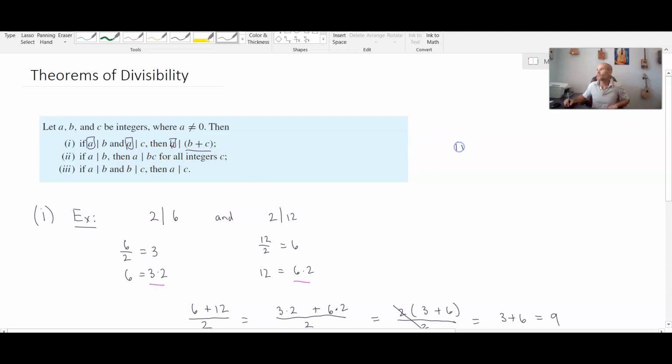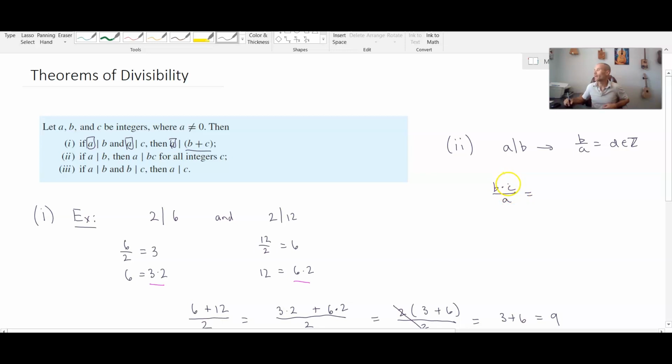Now this one's a little bit easier to view, because if A divides B, that means that B divided by A is some integer. We'll call this integer D. So that's an integer. So A divides B is a true statement. Okay, well, if I now try to form B times C divided by A, how do I know that that's going to produce an integer?